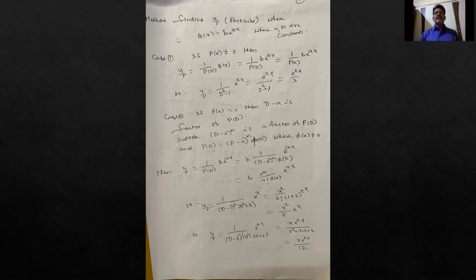Now we have to see how to find yp when Q(x) = b e^(ax), where a and b are constants.